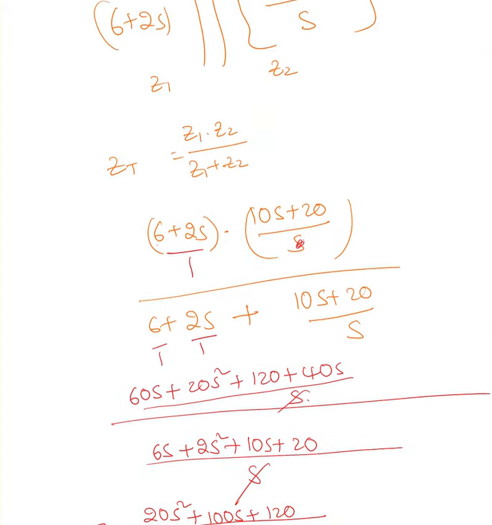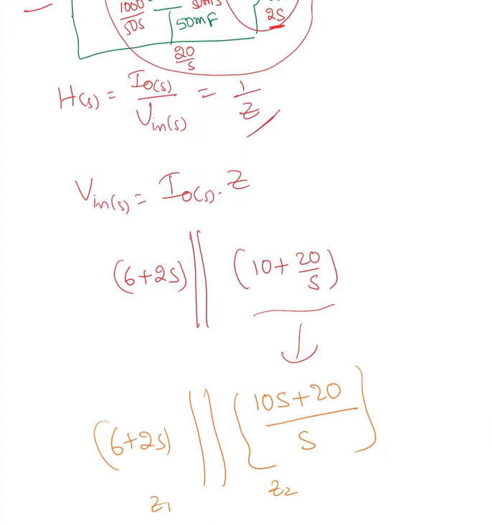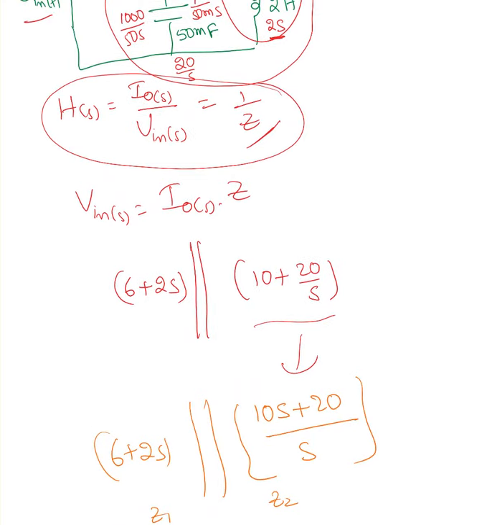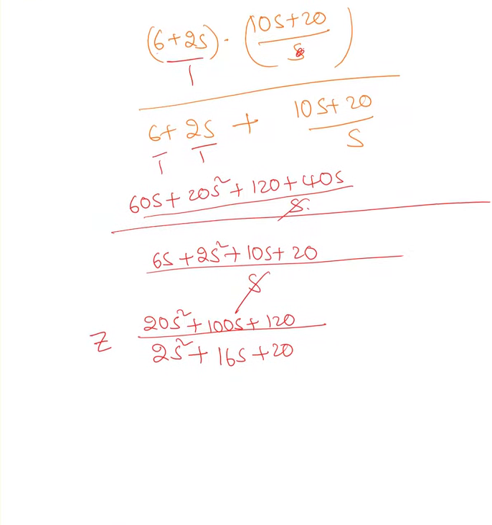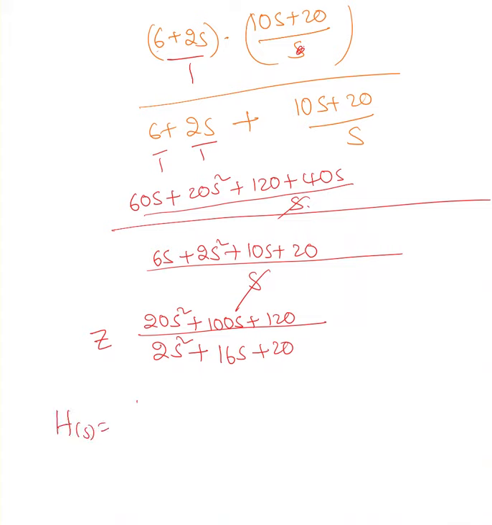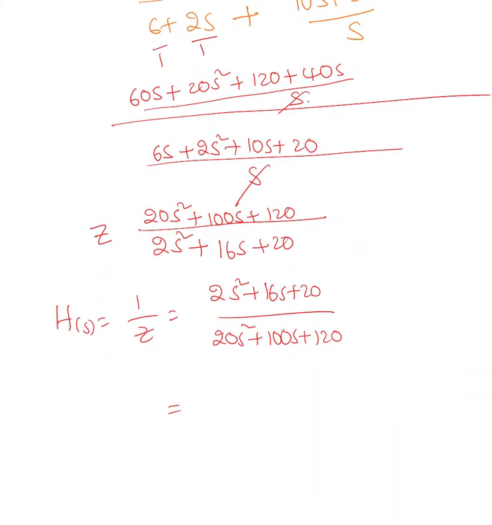But to find the transfer function, as I said, I need 1 over Z. All I need to do is reverse this. So H of s equals 1 over Z, which is 2s square plus 16s plus 20 divided by 20s square plus 100s plus 120. You can leave it like that, or you can further simplify: H of s equals s square plus 8s plus 10 over 10s square plus 50s plus 60.